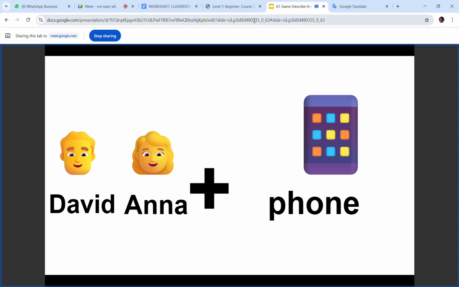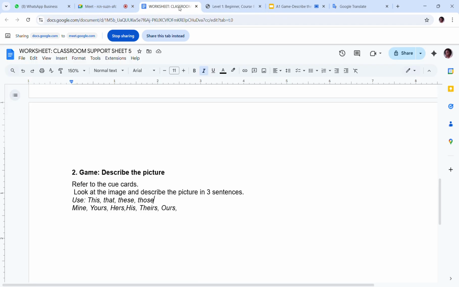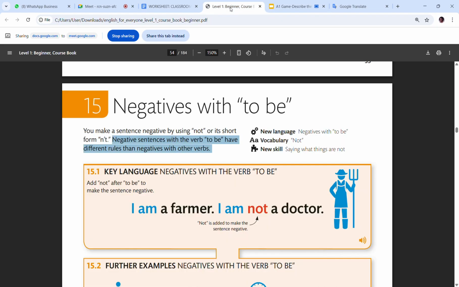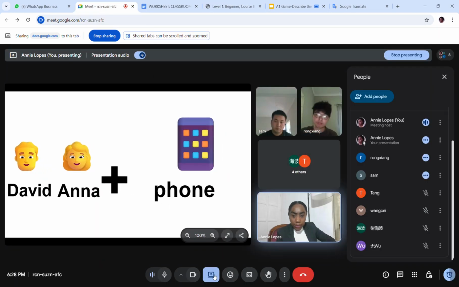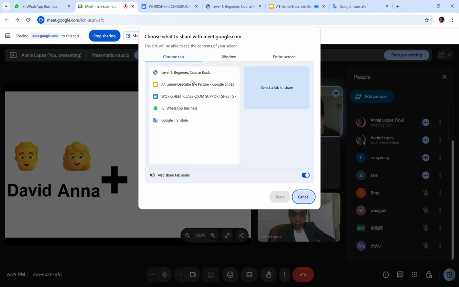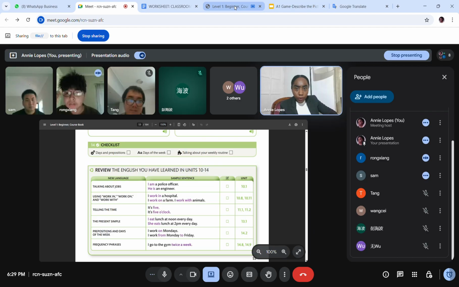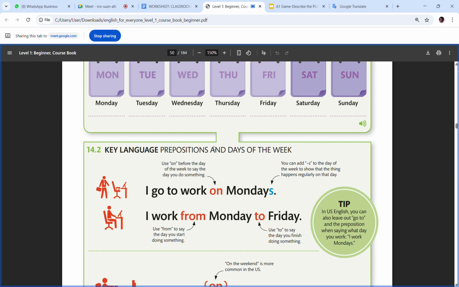Okay, so we need to always remember the rules, okay? Always go back to the rules. Let me just go back here. Let's just go to page 34 quickly.